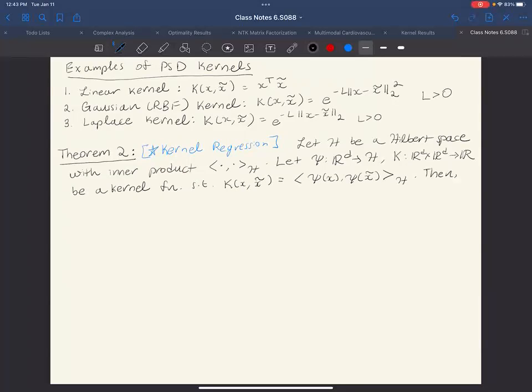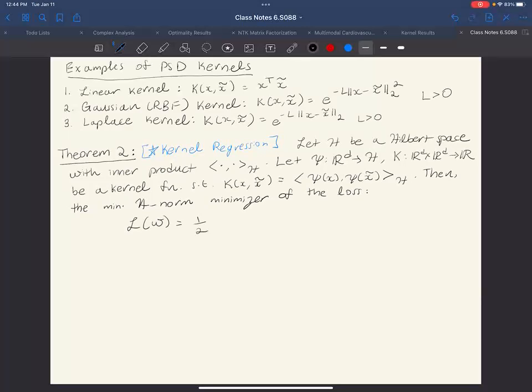Then the minimum H norm minimizer of the loss. So what is all this notation? This is basically saying that we're solving linear regression in this transformed space.